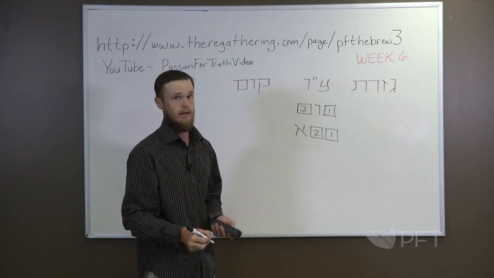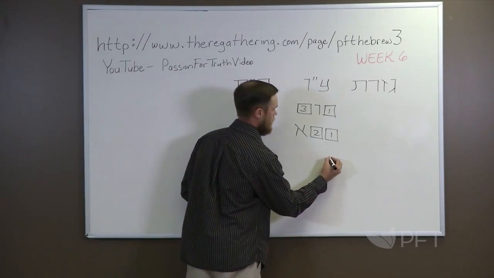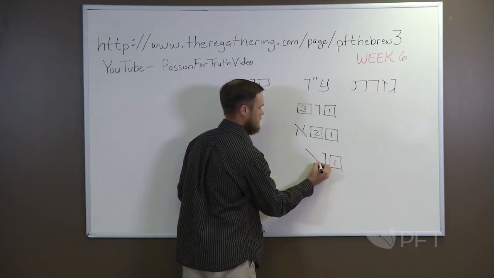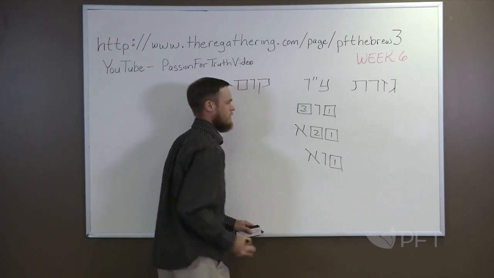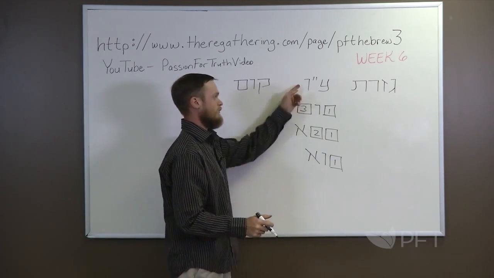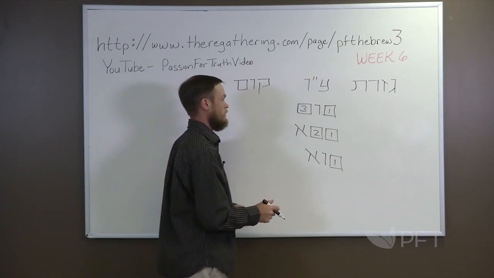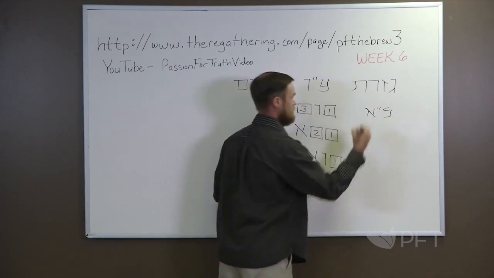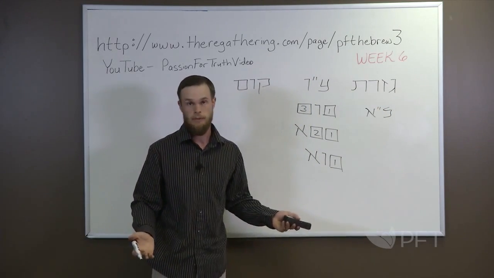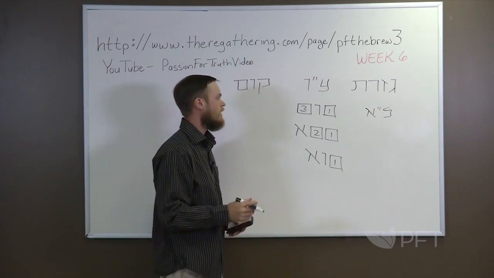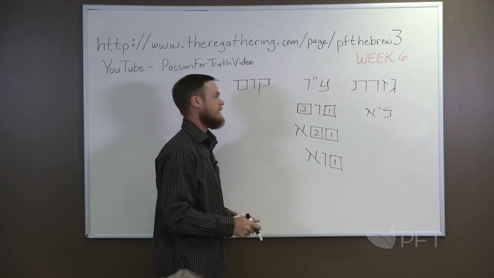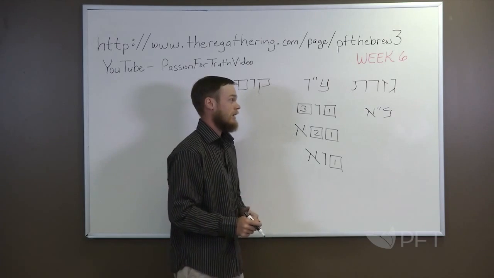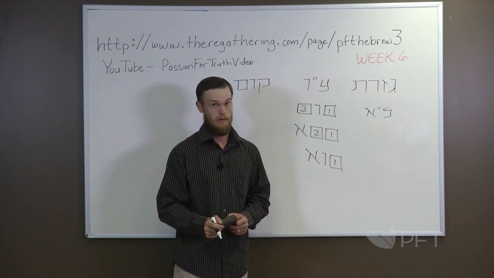Well, what happens when we have a word that looks like this? What if a word belongs to ayin vav and also to lamed aleph? Which conjugation pattern does it follow? Well, these have to be evaluated on a word-by-word basis, but the basic answer is that it then follows both.